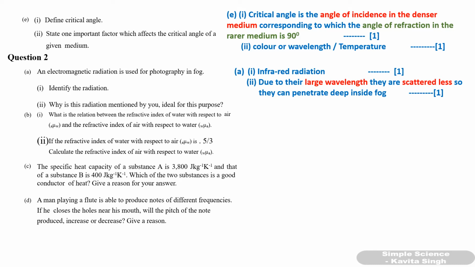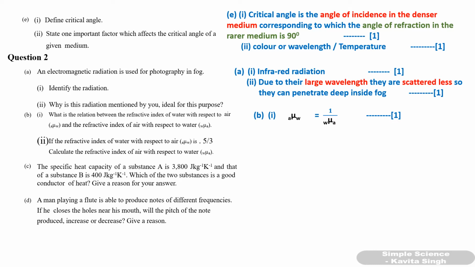Then B, first part. What is the relation between the refractive index of water with respect to air and refractive index of air with respect to water? The relation is they are inversely related. The refractive index of water with respect to air is equal to 1 by refractive index of air with respect to water. 1 mark for this.